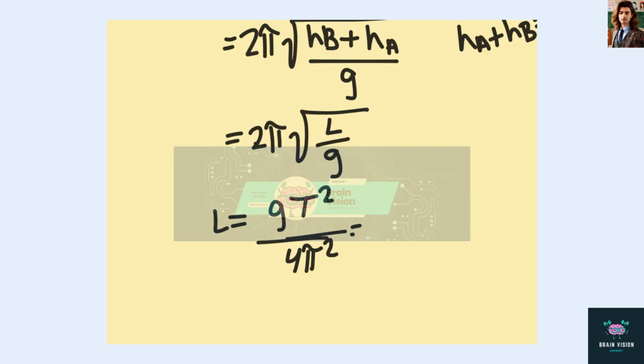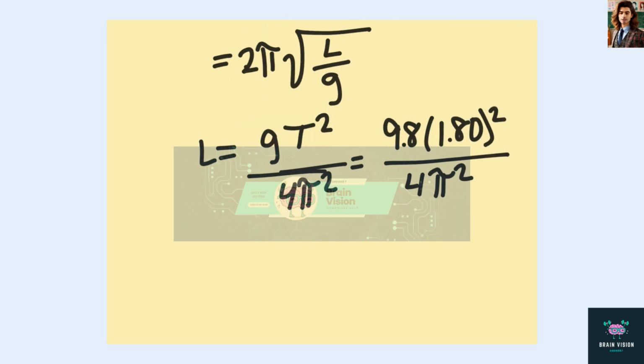So when I substitute in my values, I have 9.8 times 1.80 squared divided by 4 pi squared, and I get my final answer of length equals 0.804 meters.